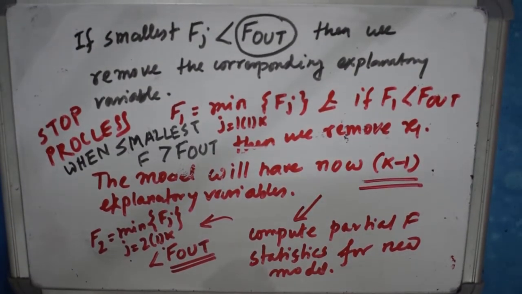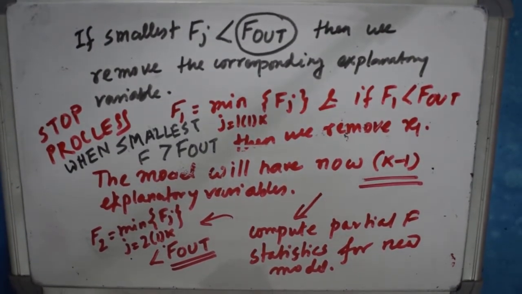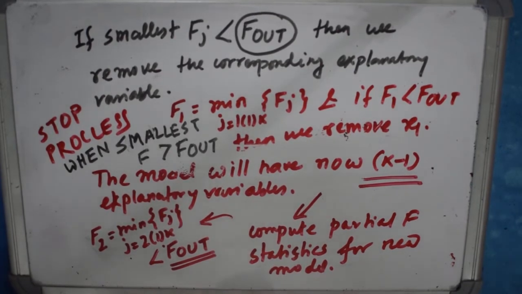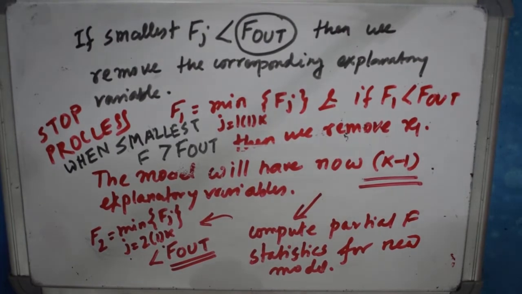Then in the next step we consider the model with k minus 1 explanatory variables. Again we compute partial F statistics for the k minus 1 explanatory variables, then find the minimum partial F statistic.